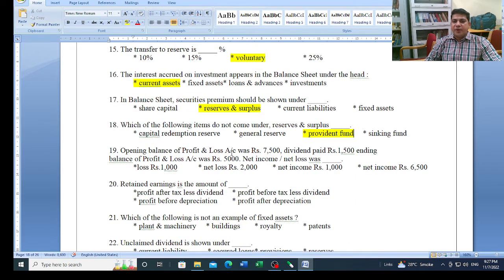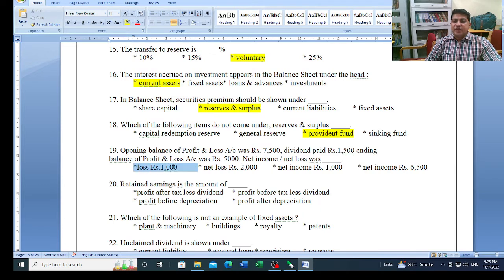The opening balance of the profit and loss account was rupees 7,500. Dividend paid was rupees 1,500. At the end, the balance of the profit and loss account was rupees 5,000. The net income or net loss was, here it is a net loss, because 7,500 is the opening balance. We have to deduct the dividend 1,500. So 7,500 minus 1,500, the rest of the amount is 6,000. Now if the ending balance is 5,000, the difference, 6,000 minus 5,000, is 1,000.